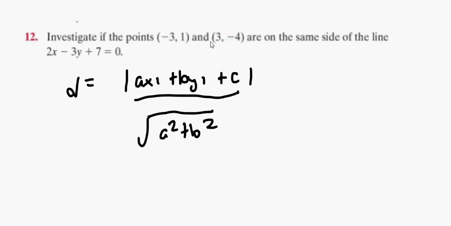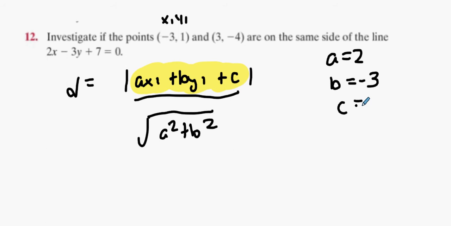Essentially what happens is, see this part here? If one of them is negative and the other one is positive, they're on opposite sides. So get this. When that's the x1, y1 value, the a value is 2, the b value is minus 3, and the c value is 7.